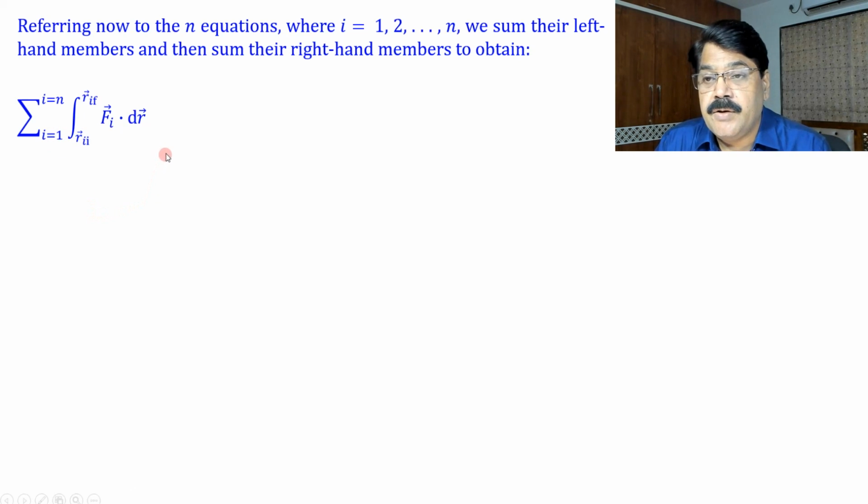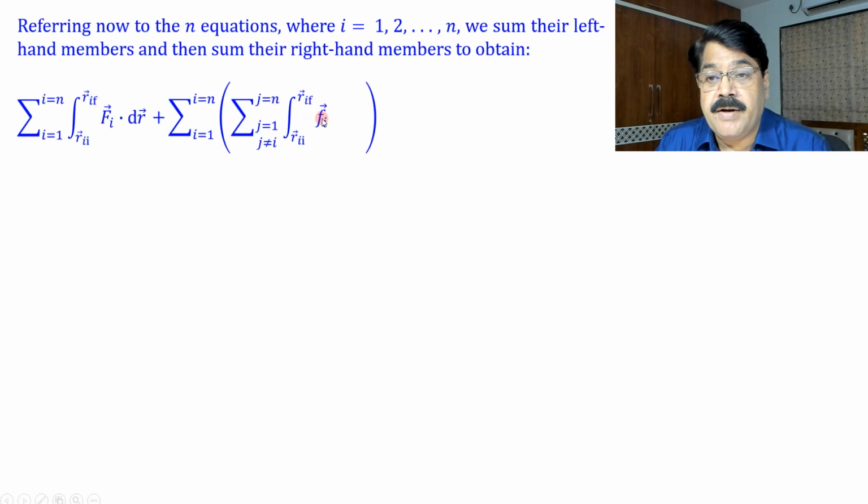Now we do the sum of the second term on the left-hand side. Summation i equal to 1 to n, summation j equal to 1 to n, j not equal to i, integral Ri initial to Ri final of small fij dot dri. This is the work done by internal forces on mi.